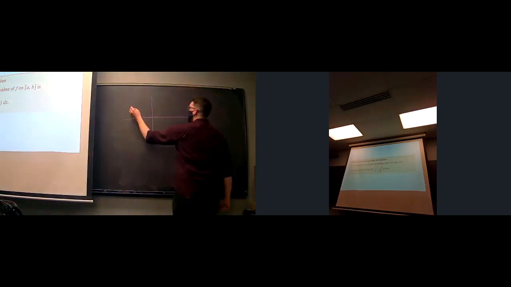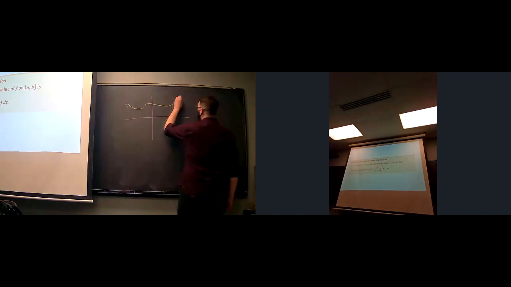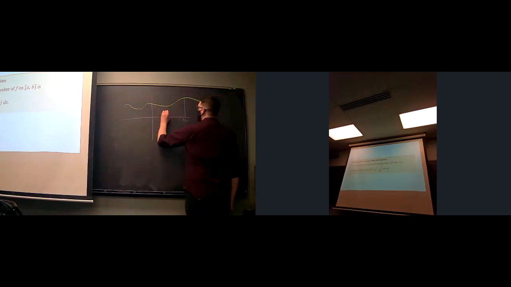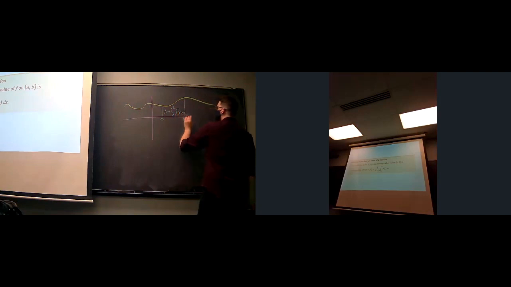What we've got is a function that looks however it wants to look. We're saying, what's the area from A to B here? This is going to come out to be the integral from A to B of your function f(x) dx. This is your function of x.